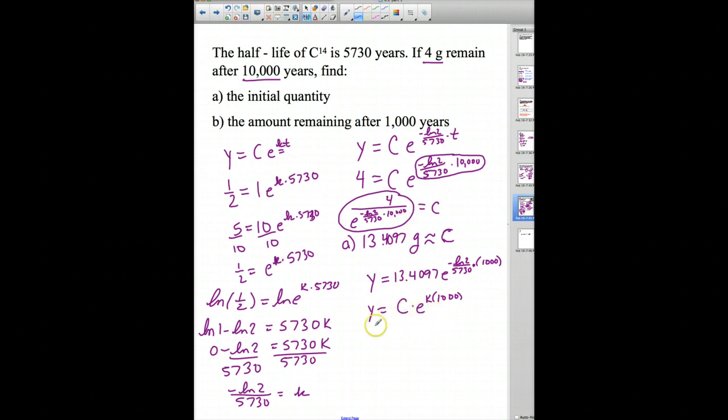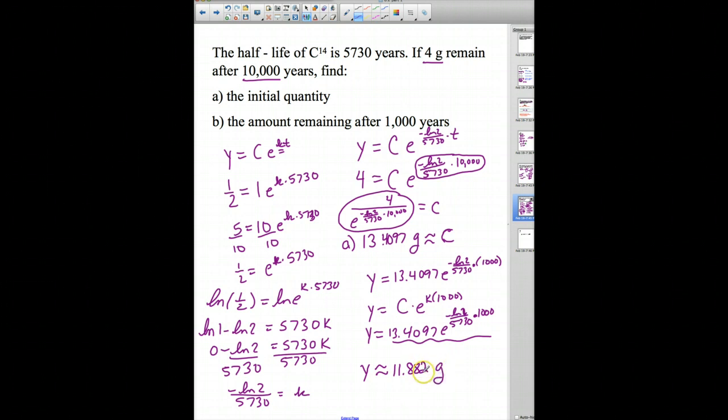So we'll have a number here times e to the negative natural log of 2 over 5,730 times 1,000. So all of this multiplied together is about 11.882 grams.